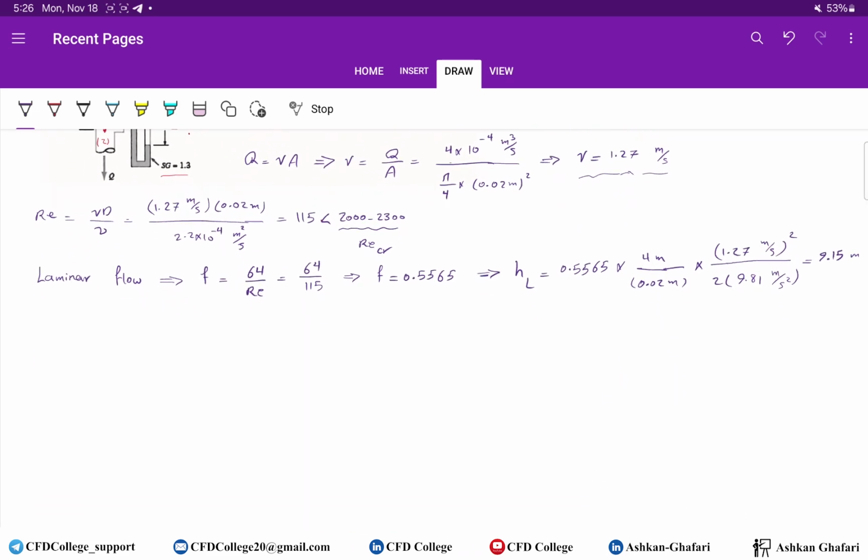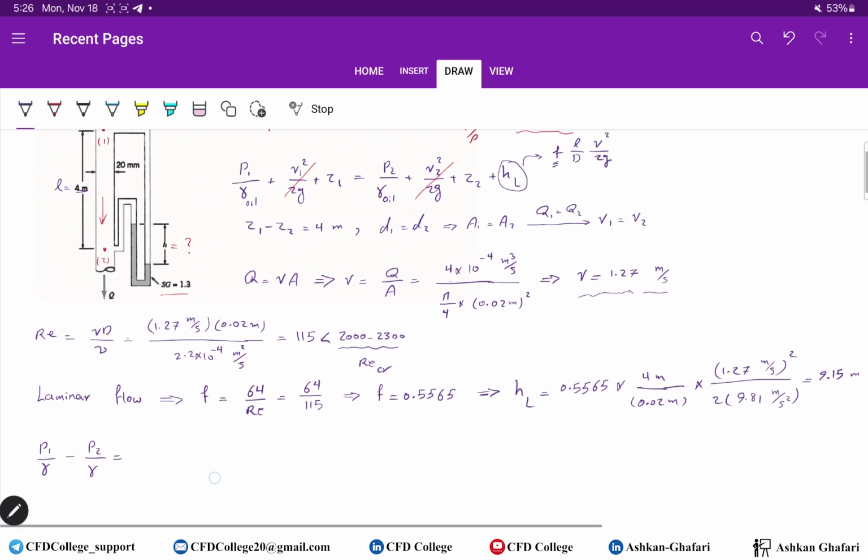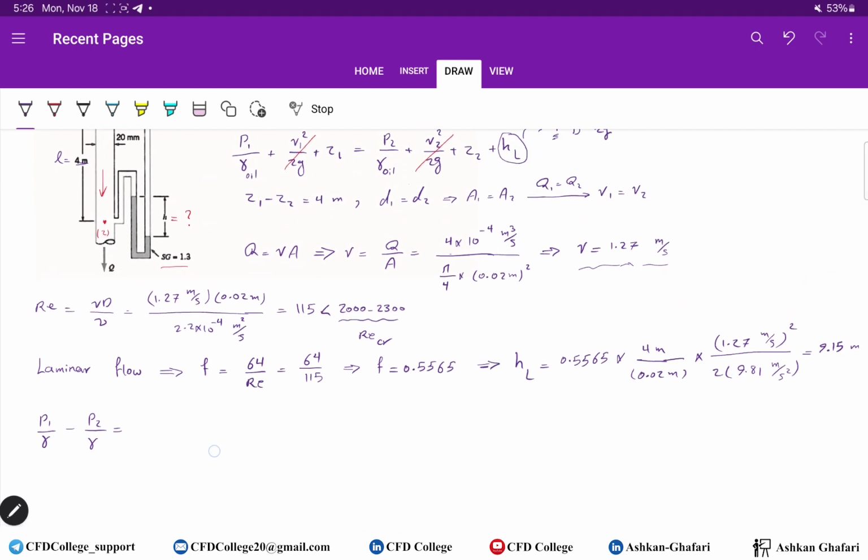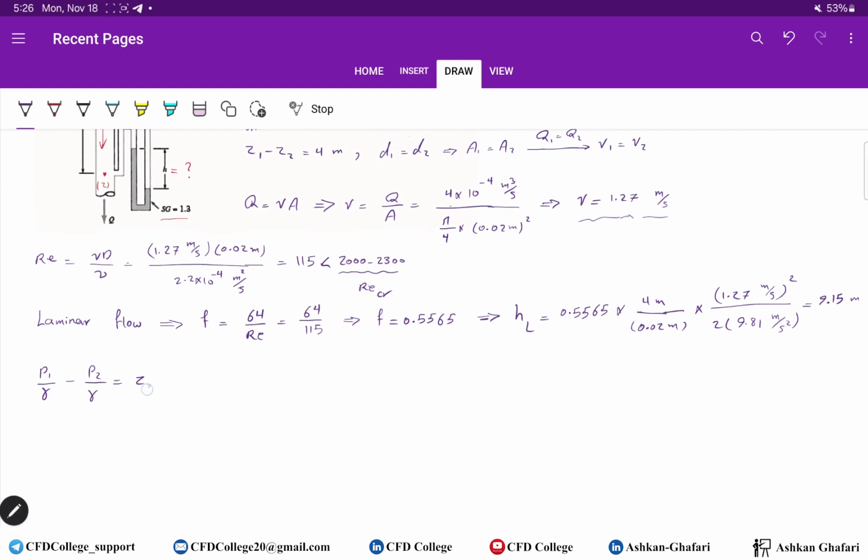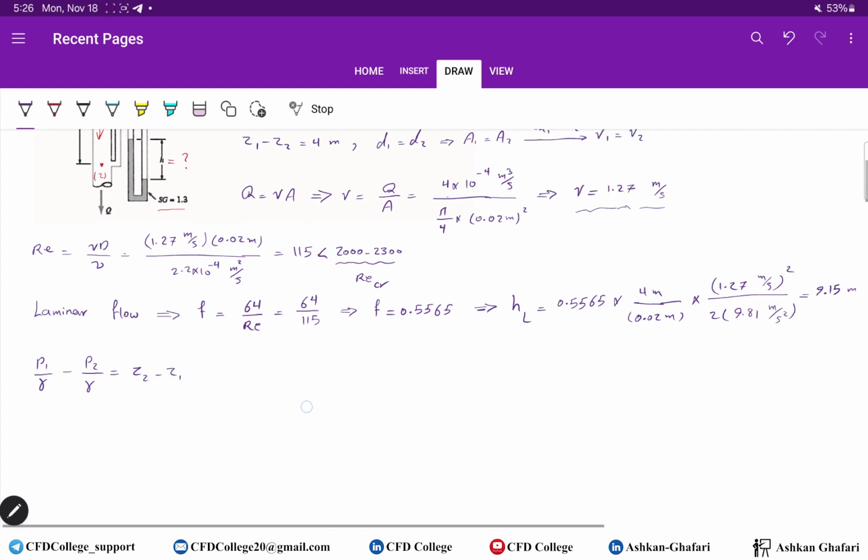So P1 over gamma minus P2 over gamma equals Z2 minus Z1 plus HL.